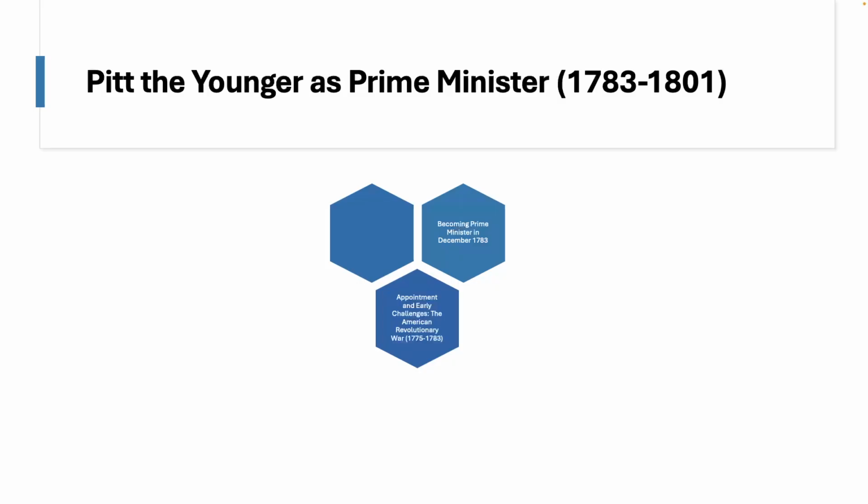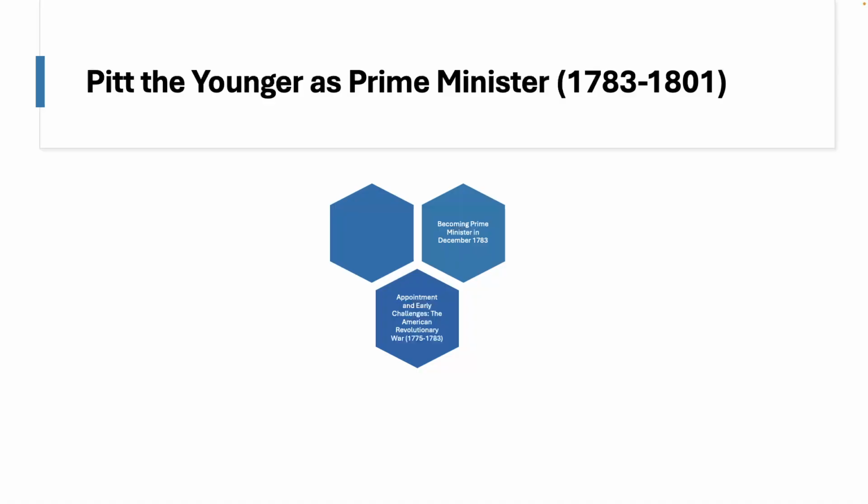William Pitt the Younger's rise to power was, in fact, quite unusual, and the circumstances surrounding his appointment reflect the delicate nature of the political manoeuvrings we see in Britain during this time. The previous Prime Minister, Lord North, had resigned following Britain's defeat in the American Revolutionary War between 1775 and 1783.